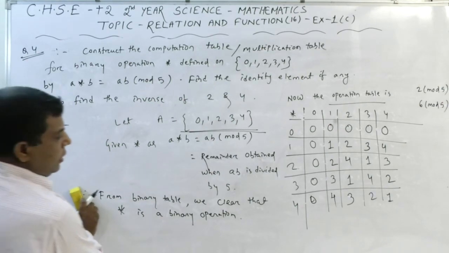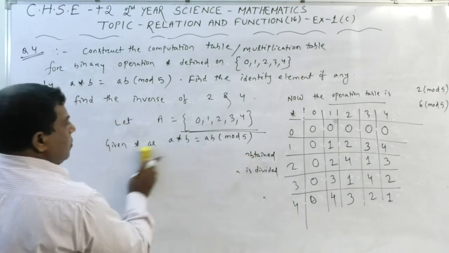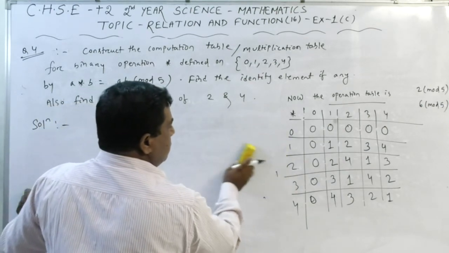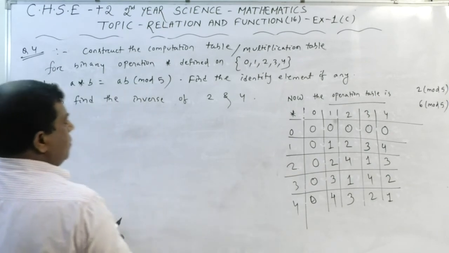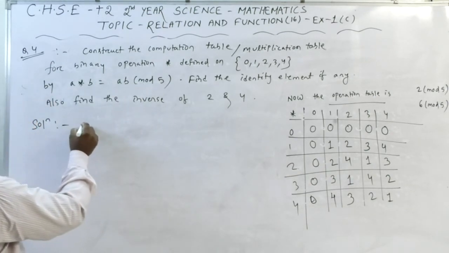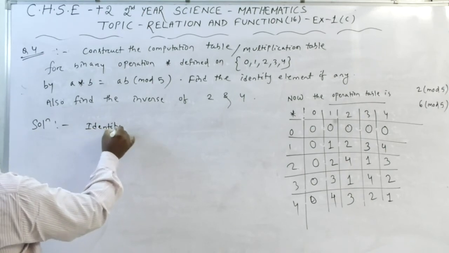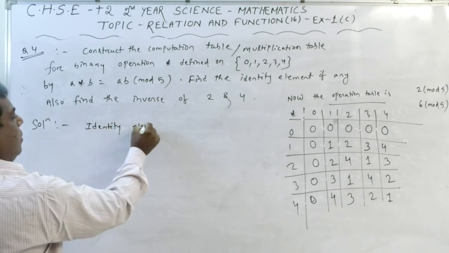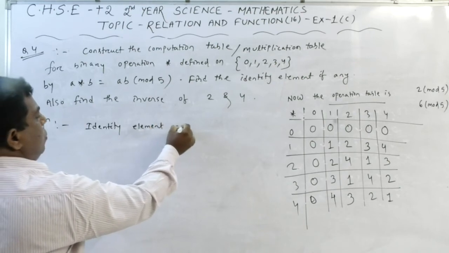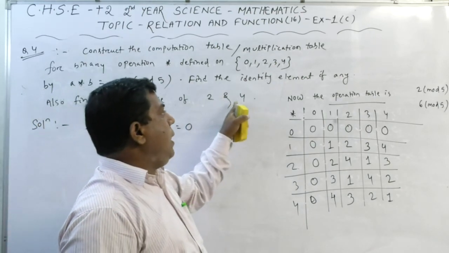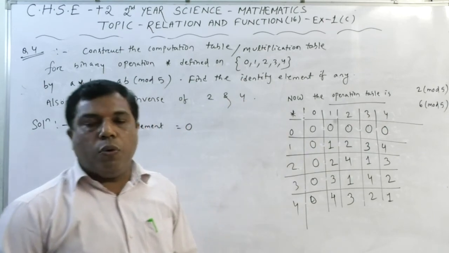Now I am going to clean the board. Therefore, identity element equal to 0 here. And we are going to find the inverse of 2 and 4.